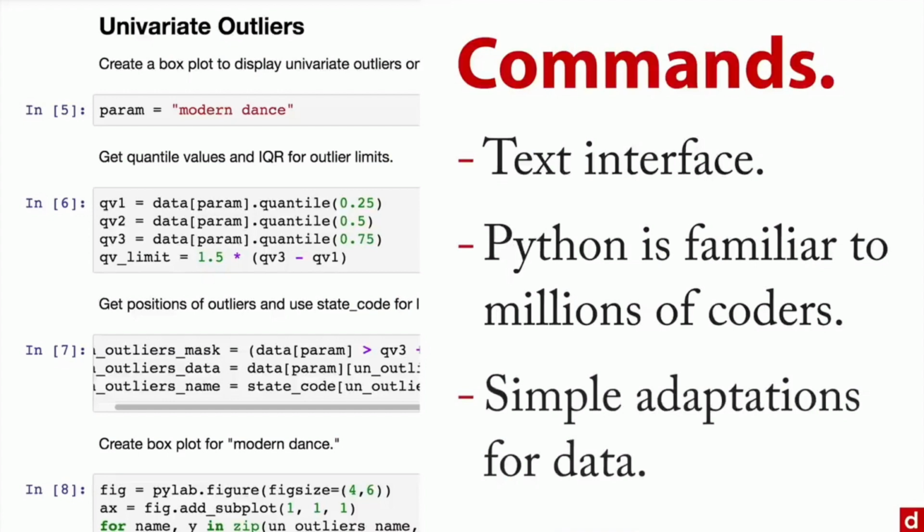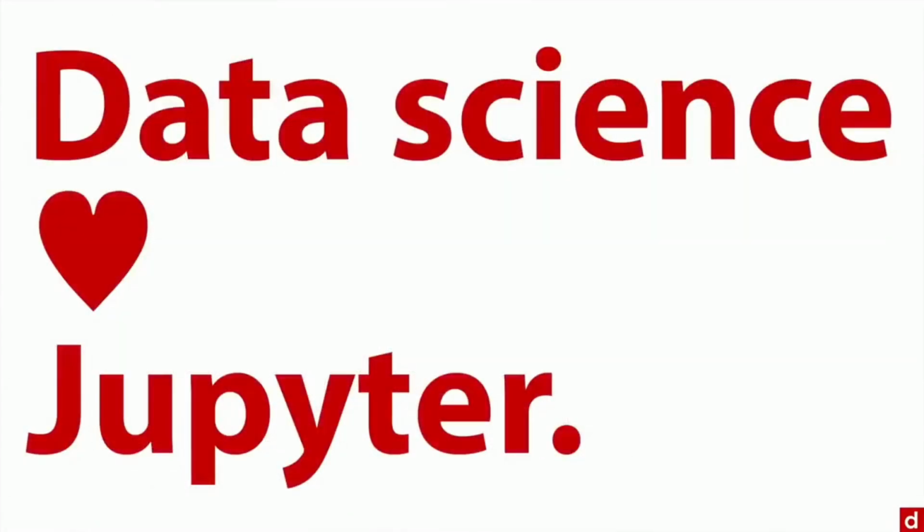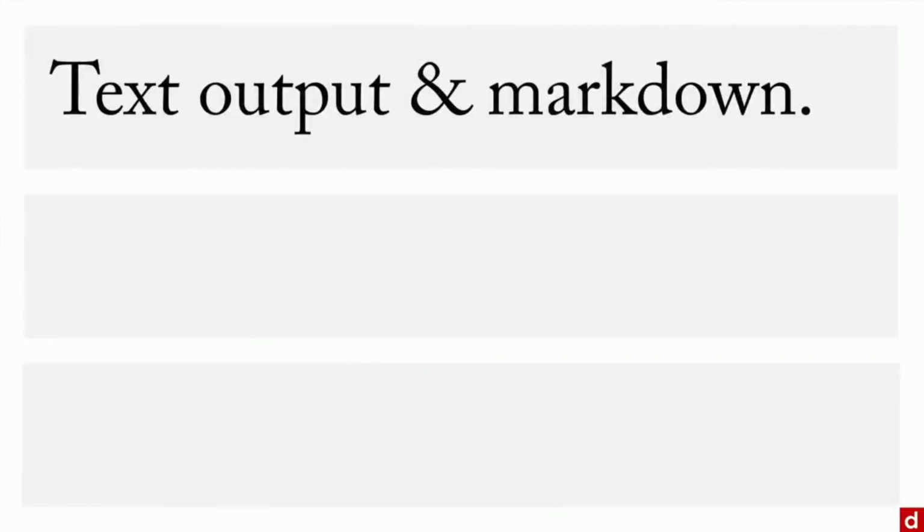So let me say something else again. Data science loves Jupyter, and Jupyter is the browser-based framework. It's a local installation, but you access it through a web browser that makes it possible to really do some excellent work in data science. There's a few reasons for this. When you're working in Jupyter, you get text output and you can use what's called Markdown as a way of formatting documents.